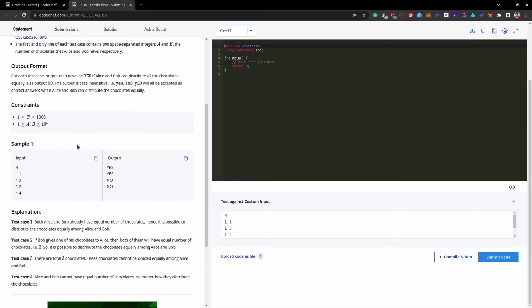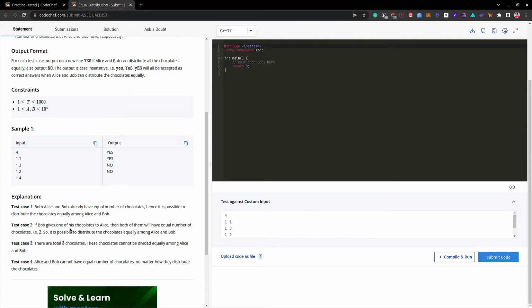So there are 4 test cases. In one, there is an equal number of chocolates, hence it's possible to distribute chocolates equally among Alice and Bob. In another, if Bob gives one of his chocolates to Alice, then both of them will have an equal number of chocolates. In another, there are a total of 3 chocolates, which cannot be divided equally among Alice and Bob.